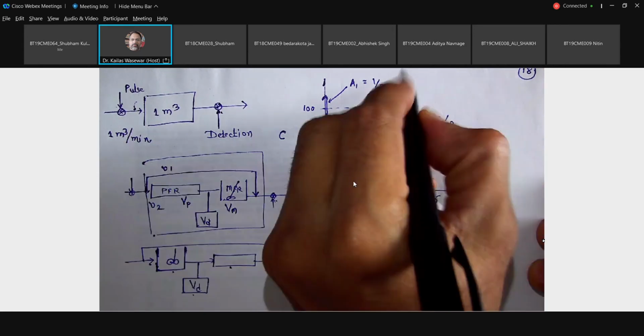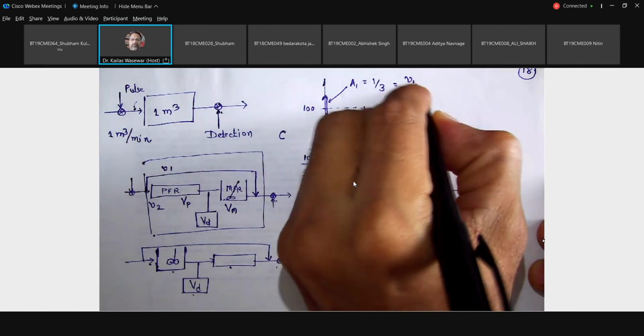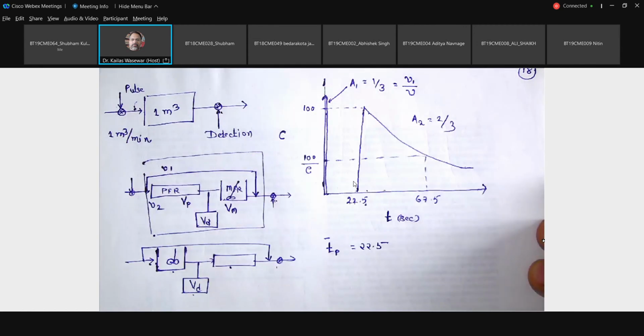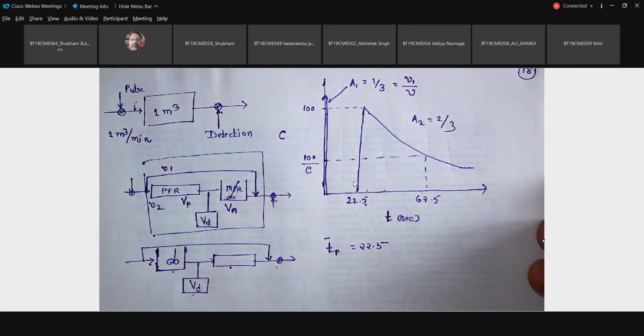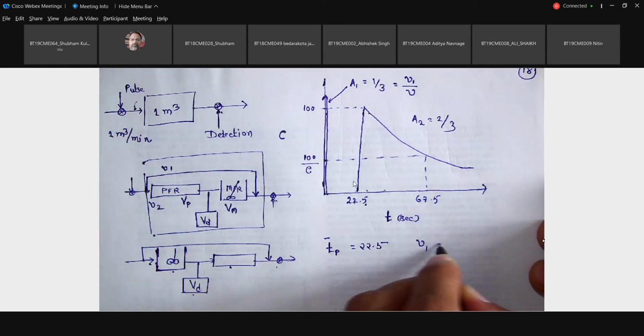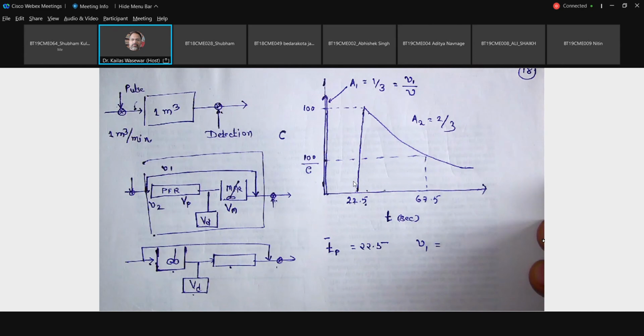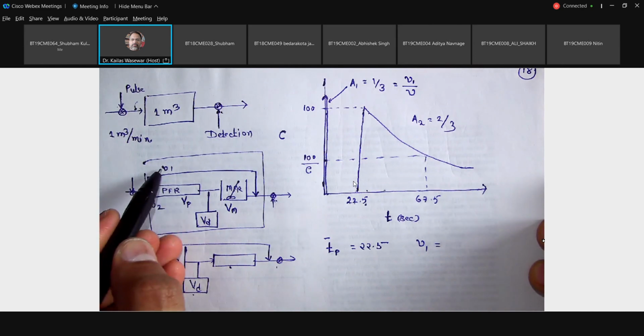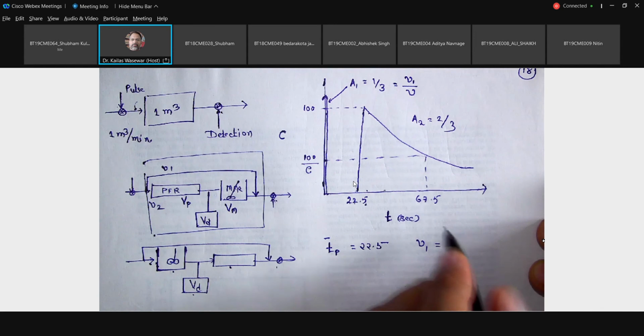This area is nothing but V1 upon the total. So V1 we can easily calculate. That is the volumetric flow rate, which is just the bypass, 1 divided by 3 only. It will come. So the active volumetric flow rate will be 2 by 3.